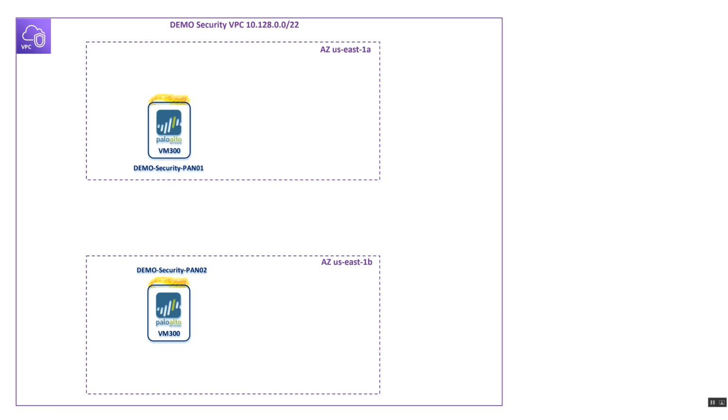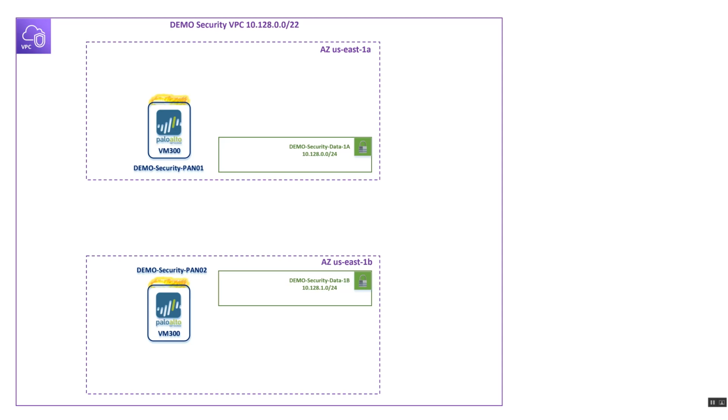So we're going to make sure that these firewalls are deployed in different availability zones. In this case, I'm using AZ US East 1A and 1B. And I'm going to have to start deploying subnets, right? So the first subnet I would design is a security data subnet, 1 in each AZ. I'm assigning IP addresses of 10.128.0.0 for the first one and 10 for the second one.